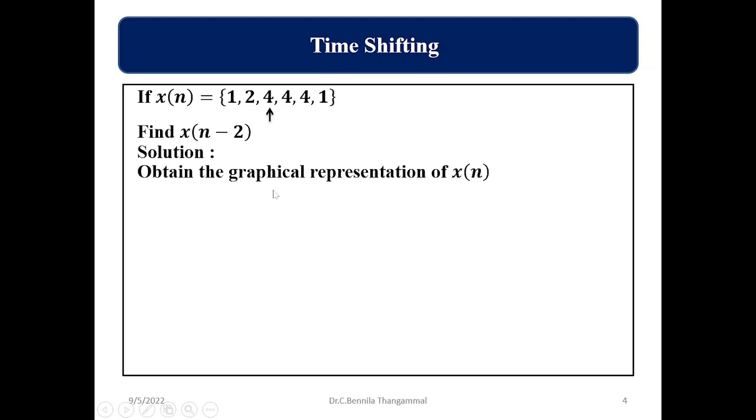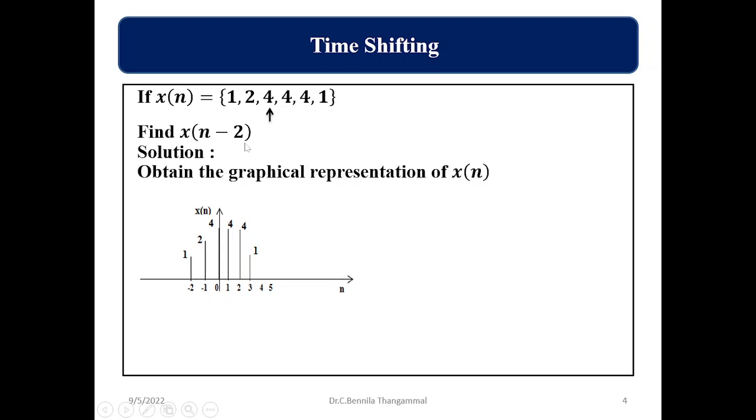First, get the graphical representation of x of n. Here the x-axis is n, and the y-axis is x of n. So from minus 2 to plus 3: for n equal to minus 2 it is 1, n equal to minus 1 is 2, n equal to 0 is 4, n equal to 1 is 4, n equal to 2 is 4, and n equal to 3, the value is going to be minus 1.